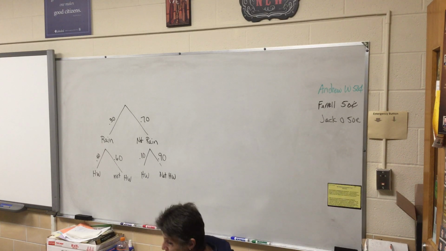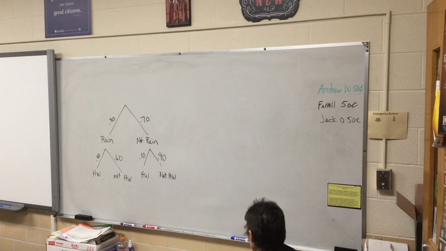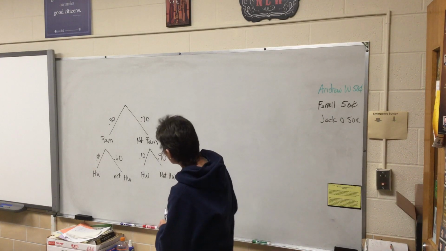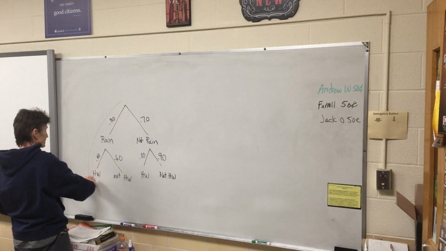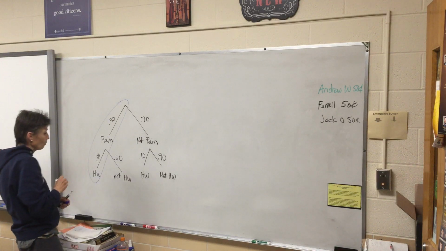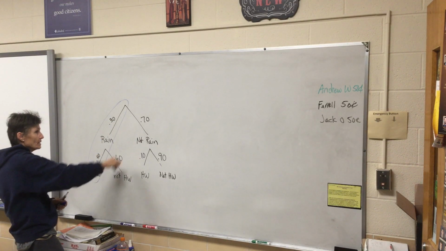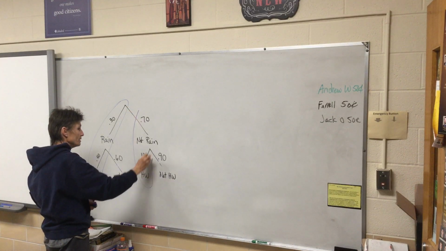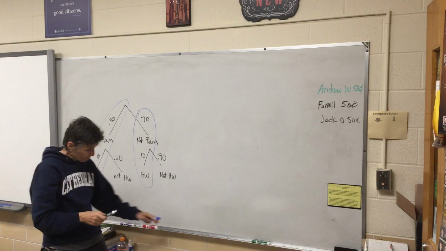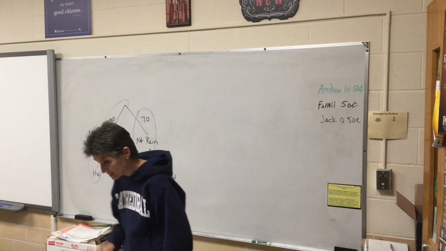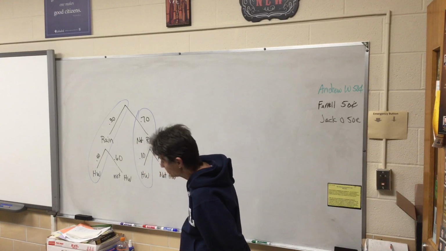All right, so the question is, find Joe's probability of doing homework. Now, there are actually two branches where he can do homework. He can do homework on this branch, and he can do homework on this branch. Would everybody agree that those are two branches that he could do homework on, a rainy day or a not rainy day?